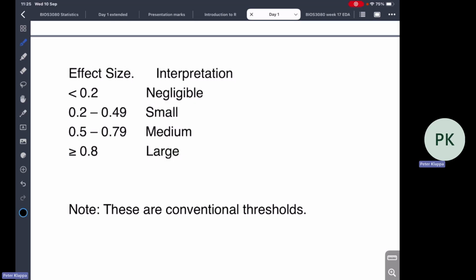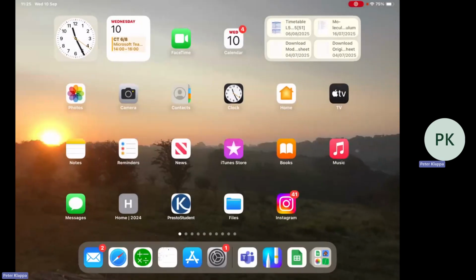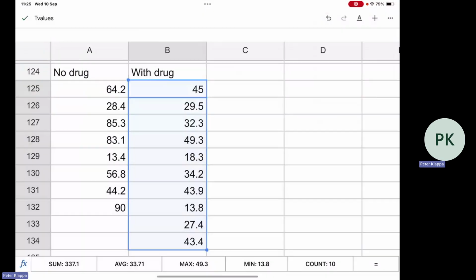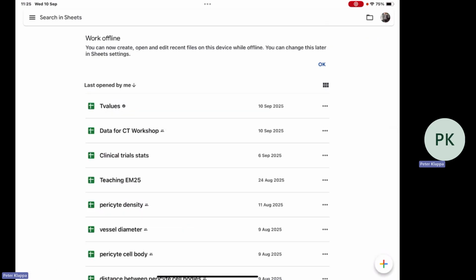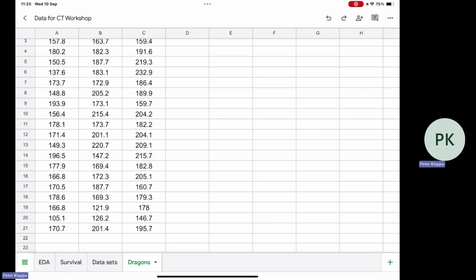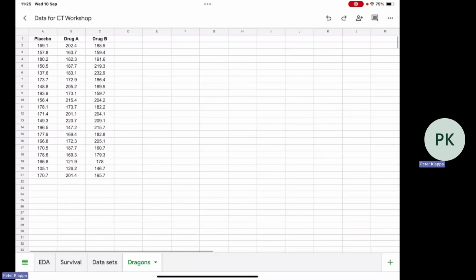I'll see if I can find some example. Yeah, beautiful. I've got placebo, drug A, drug B, and we want to compare them.